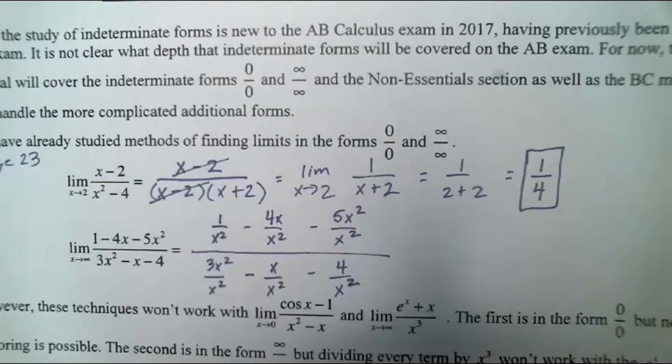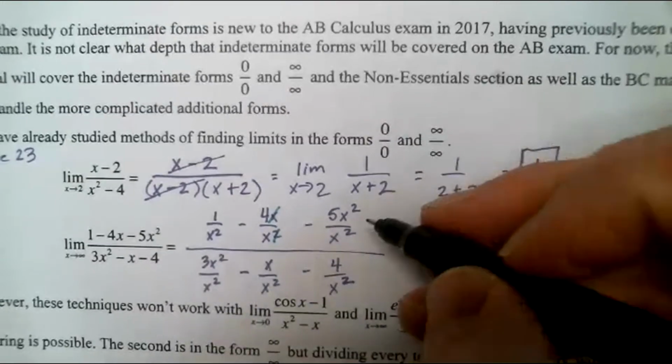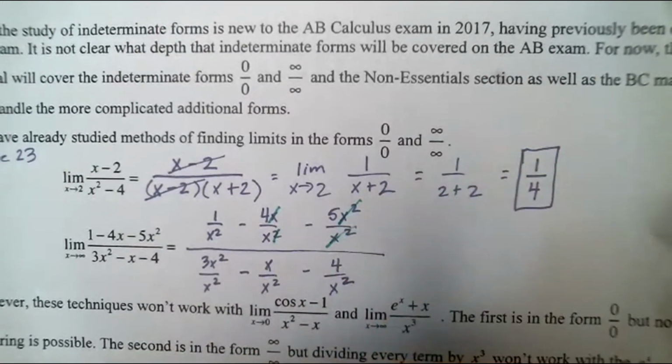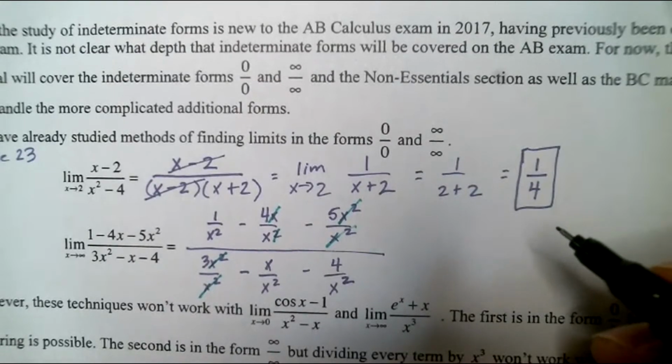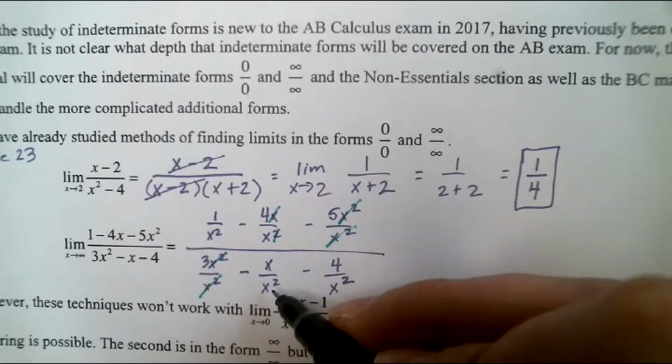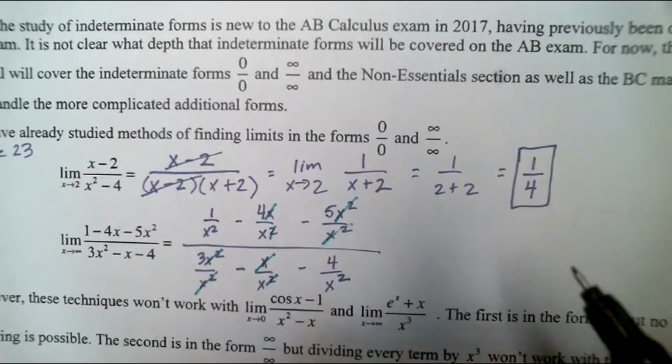From here, we cancel what we can. So we cancel an x and one of those x's. We cancel both of those. We cancel both of those. We cancel this one, and that'll stay there.